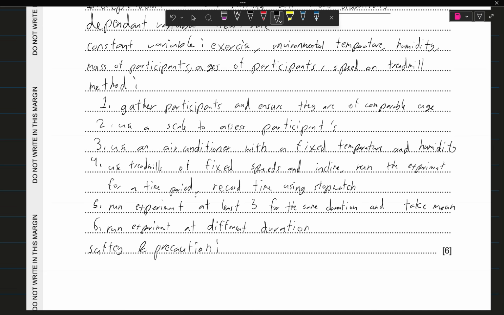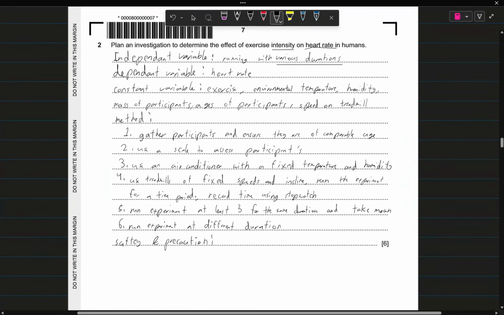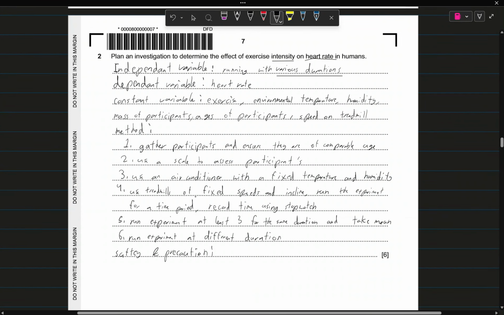Now for safety and precaution, since this one doesn't really have the classic use a lab coat or wear gloves or wear goggles, then instead you have to be a little more creative and think about the well-being of the participants. Since this is after all assessing the heart rate, you have to ensure that the participants do not have any past health record, which means they don't have any diseases or whatever.